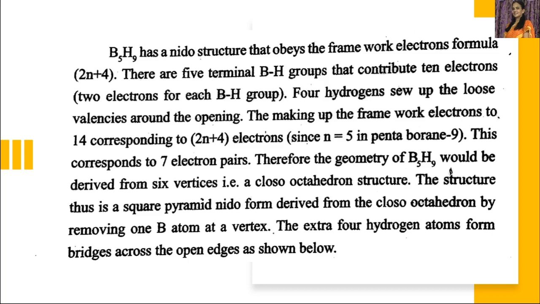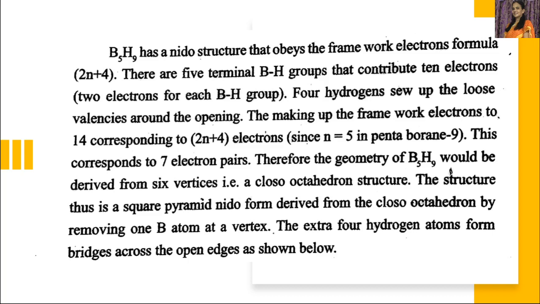And 4 hydrogens, each hydrogen atom has 1 electron. These are the loose valences around the opening, making up the framework electrons to 14, corresponding to 2n plus 4. That is 10 electrons from BH groups and 4 from the hydrogens, which are loosely held and each has 1 electron.